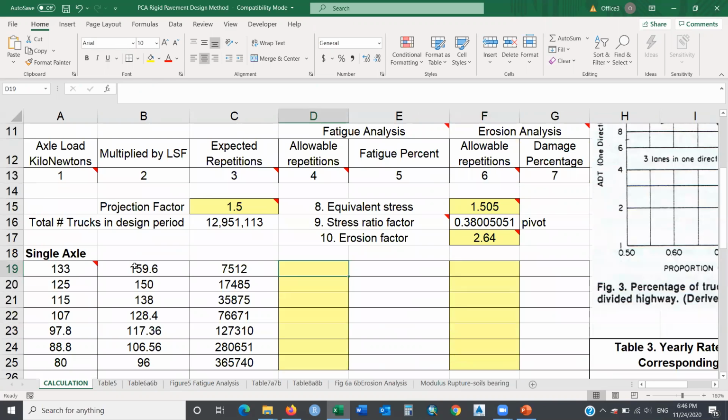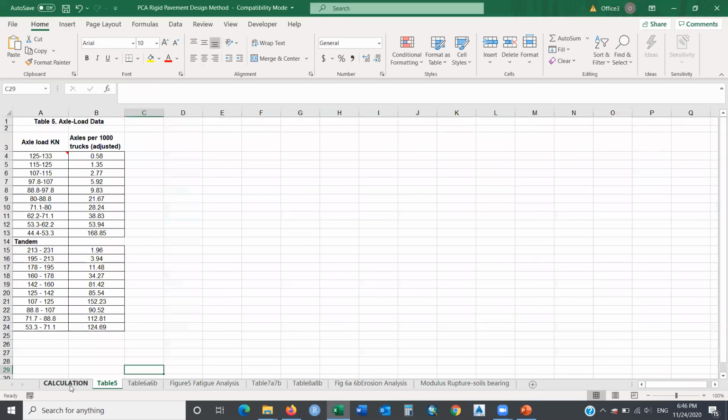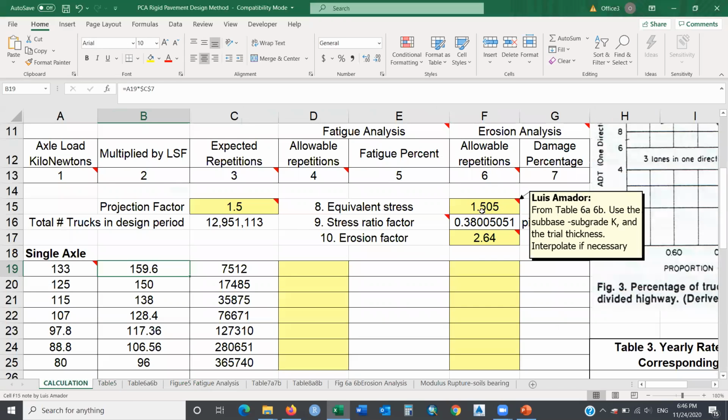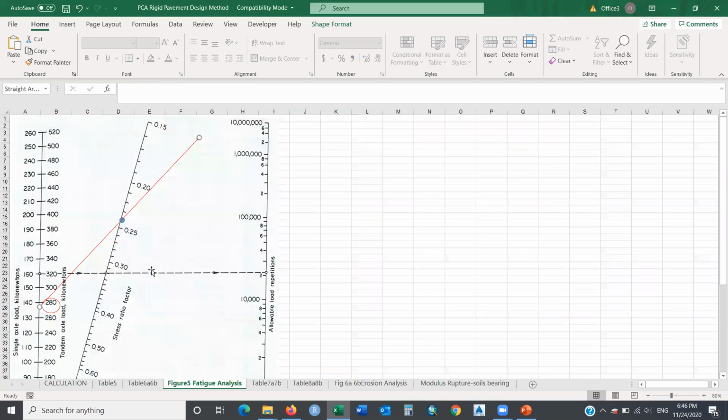So I go with my 160. Oh, sorry, what is the pivot? The pivot is 0.38. There.